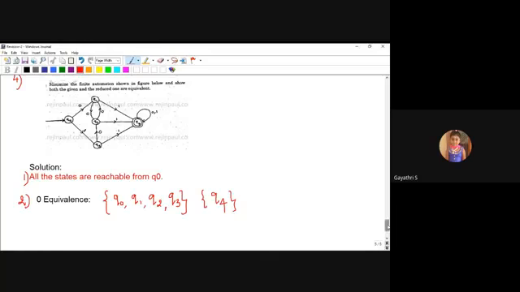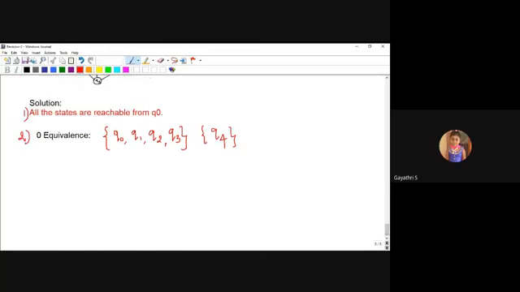Next step, you have to find the one equivalence. For finding the one equivalence, you will take a pair and compare Q0 with this pair.